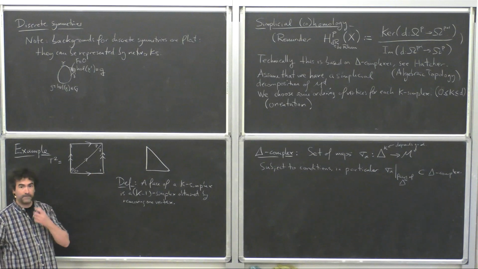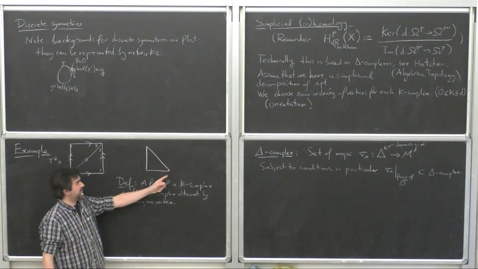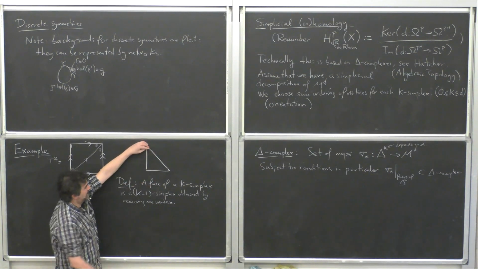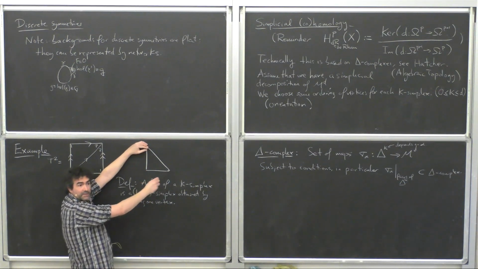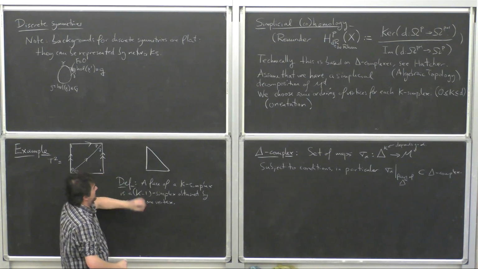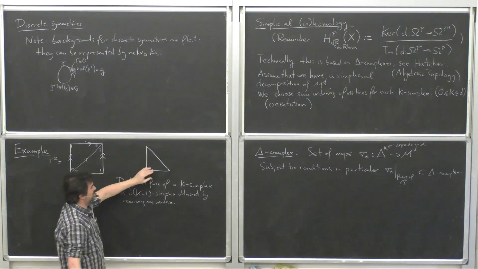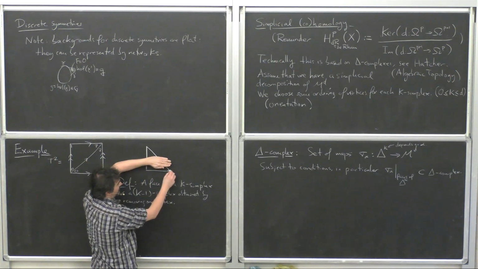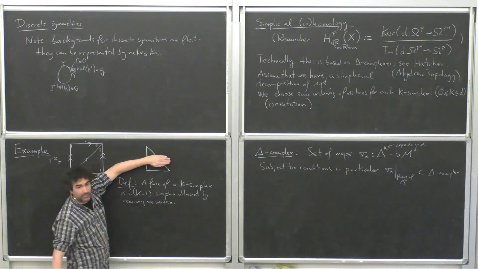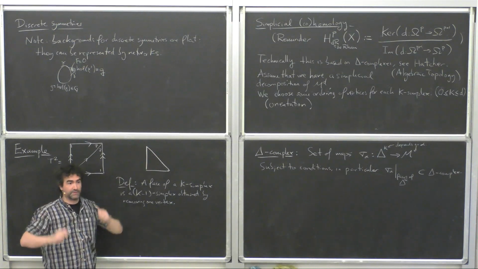So for example, in this 2-simplex, if I remove this vertex, I end up with the one-simplex which is generated by the other two vertices. If I remove this one, I end up with this one, and so on. So these are called the faces. If I have just the one-simplex and I remove one point, then I end up with the other points. So a one-simplex has two faces, which are 2 points.